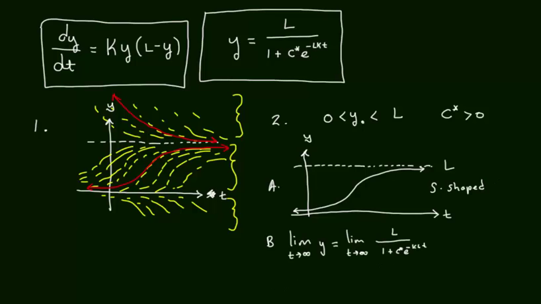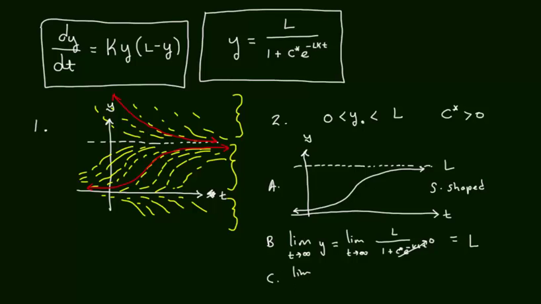In part B of number 2, it asks for the limit as t goes to infinity of y, which is the limit as t goes to infinity of L over 1 plus c star e to the negative kL t. So if t is going to infinity, then this quantity here is going to 0, making our limit equal to L, which makes sense according to the diagram above.